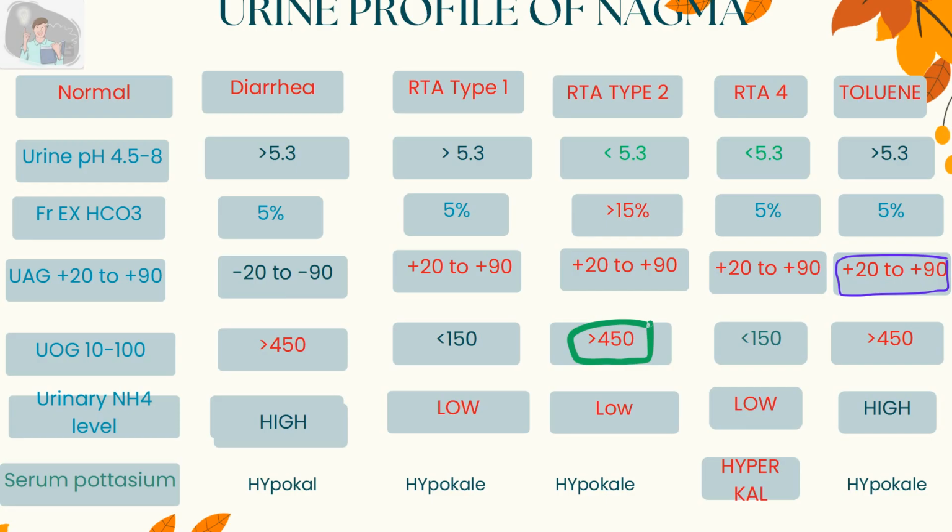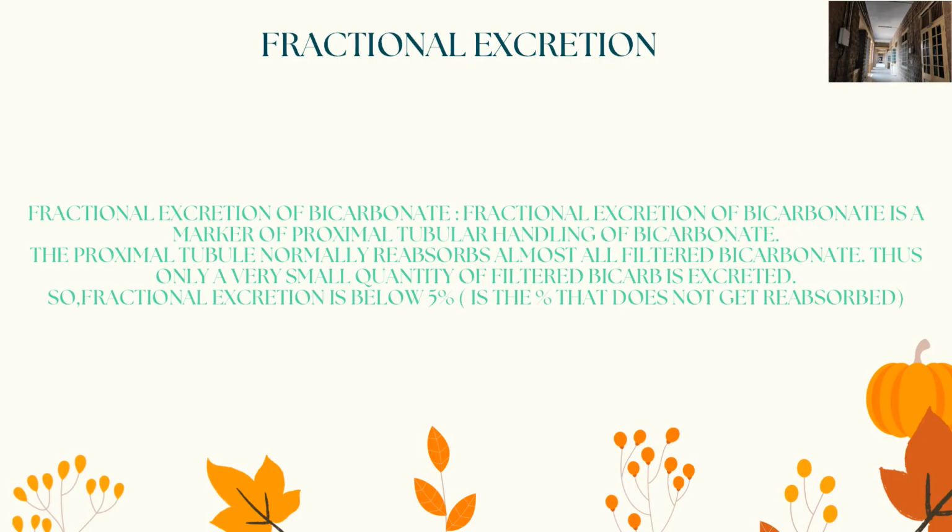I've explained the concepts in many slides in a detailed manner, in some of them with previous presentations as well. I would do RTA differentials as a separate presentation another day. This is the principle or the concept of fractional excretion in general, so it's not too difficult to understand. It's pretty straightforward.